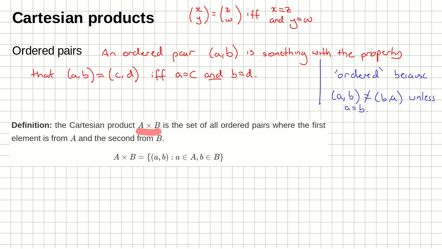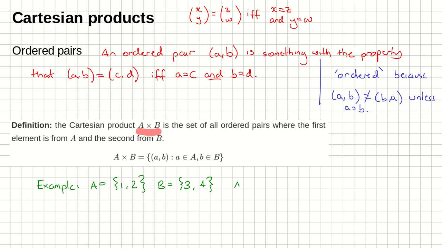So as an example, let's have an example here. I'm going to take A to be the set {1, 2}, and I'm going to take B to be the set {3, 4}.